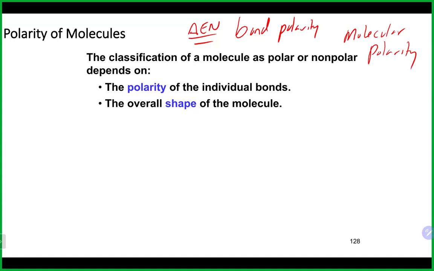The case where both bond polarity and molecular polarity are the same is when you're dealing with diatomic molecules.